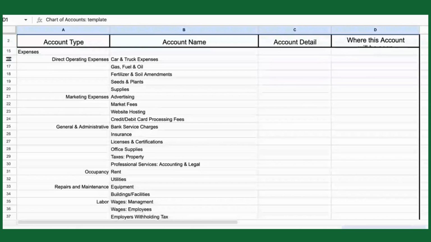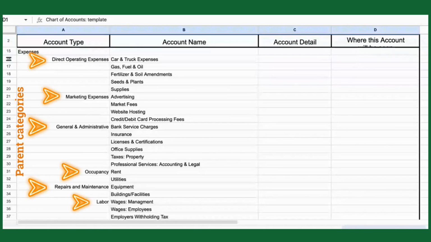I recommend creating at least these 6 parent categories: direct operating expenses, which are the variable costs that are associated with growing, producing, and harvesting your core farm operation; marketing expenses, which are variable expenses incurred in the sales and marketing of your core farm products; general and administrative, which are some of your overhead costs for your core farm operation; occupancy, which is the overhead costs of utilities, rent, and the like; repairs and maintenance, self-explanatory; and labor, also self-explanatory.